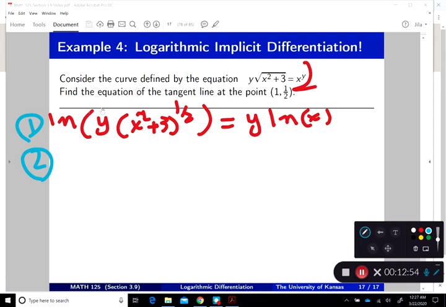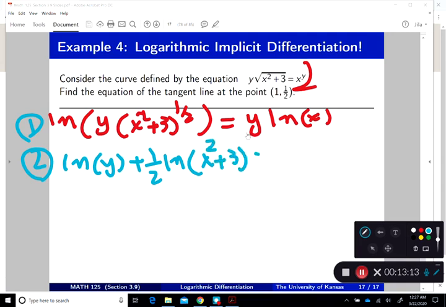The product becomes a sum of the two, and I know that the natural log of this to the power 1/2 comes down, and y natural log of x. Now at this point I can't simplify any further, so I take the derivative, and every time I take the derivative I remember y is an implicit function of x. I don't know what kind of function, but it's an implicit function.